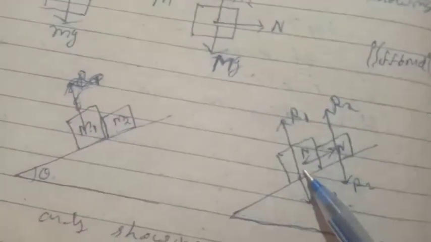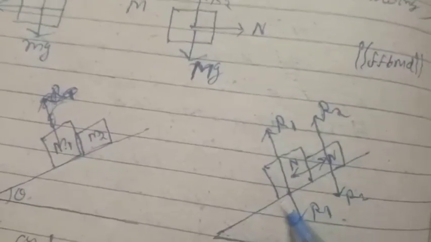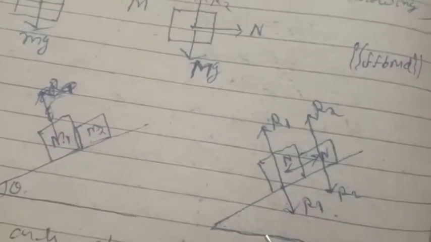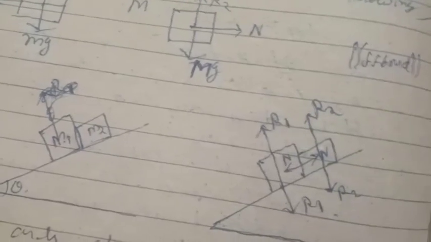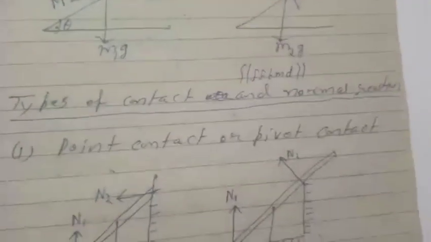If you draw this free body diagram, then one force will be in this direction, the weight will be in this direction, and one normal force will be in this direction. Now here the FBD of that body is drawn.